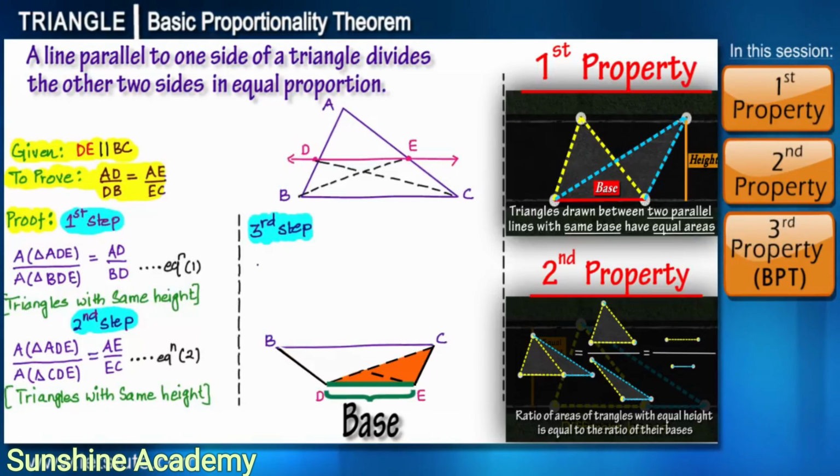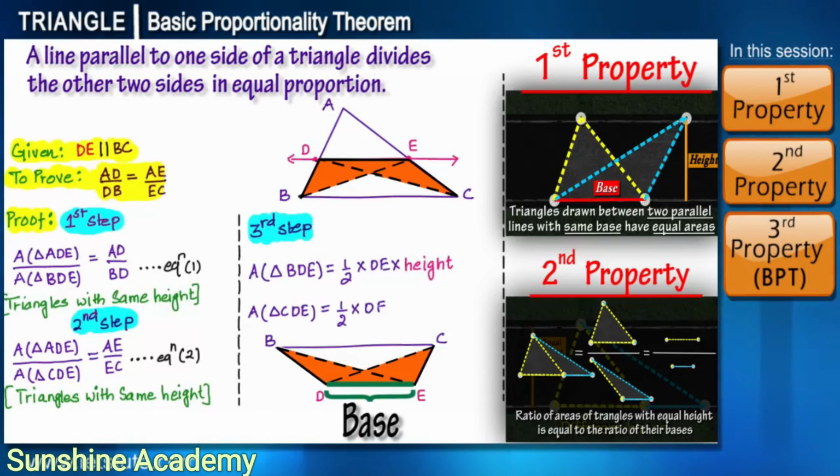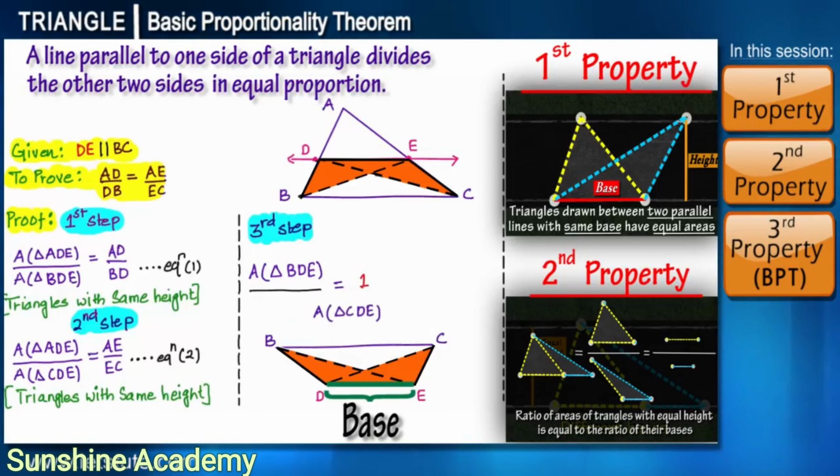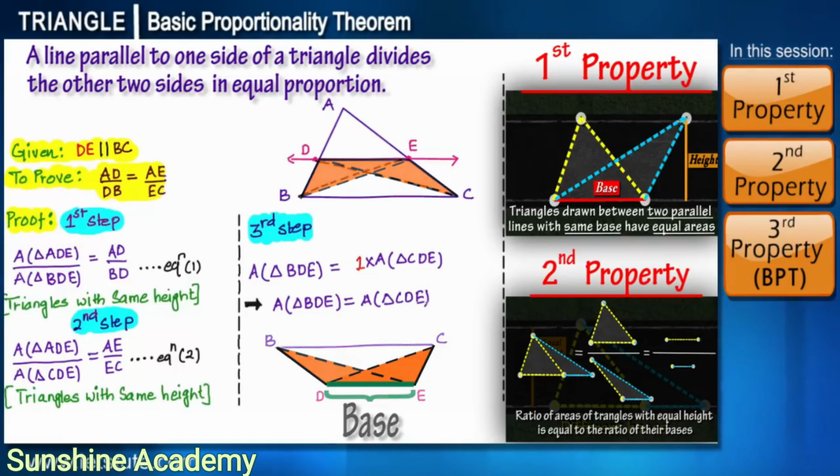So DE is base for both the triangles, and these triangles are drawn between two parallel lines. Those lines are DE and BC. That means height of these two triangles are equal, which implies areas will also be equal. That means area of triangle BDE is equal to area of triangle CDE.